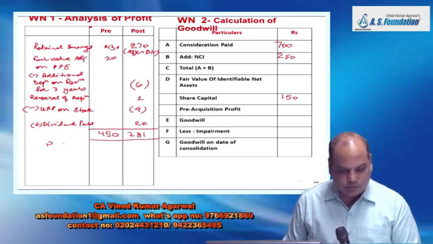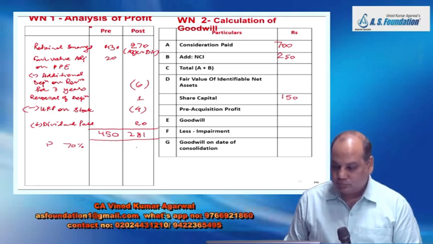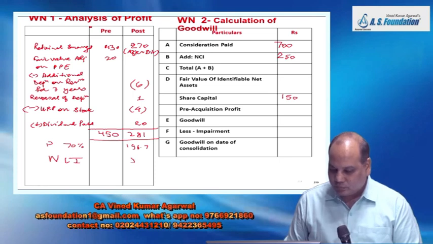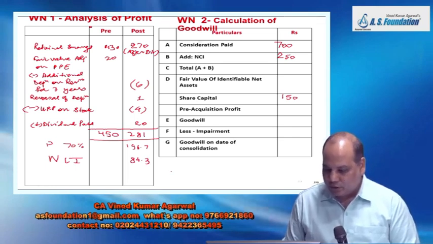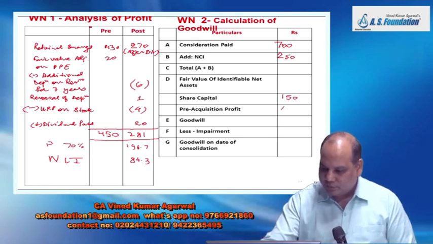P share is how much? 70%. Only post column, tell me the figure. 196 point. Very good. NCI 84.3. Okay. Now 450, you transfer here 450.